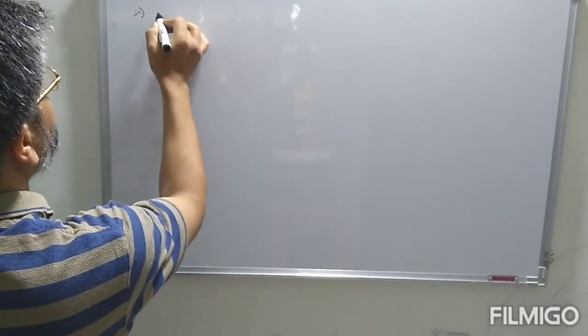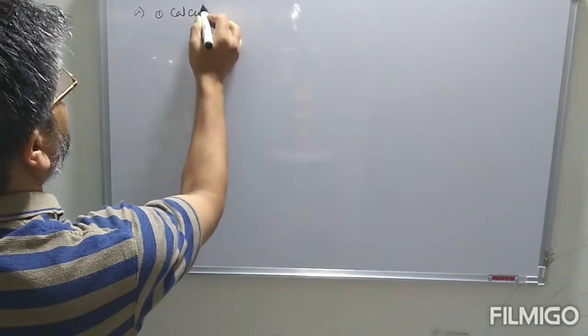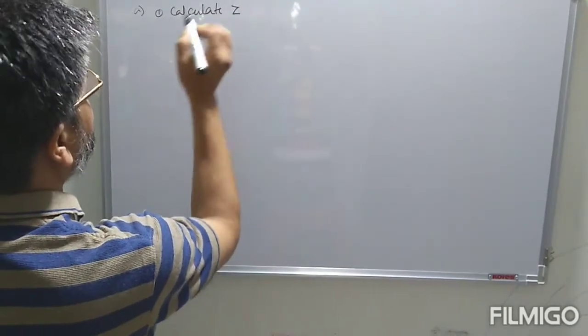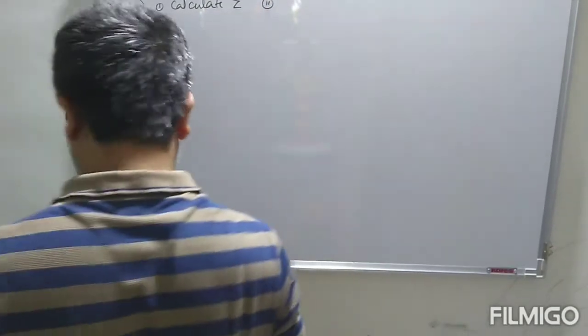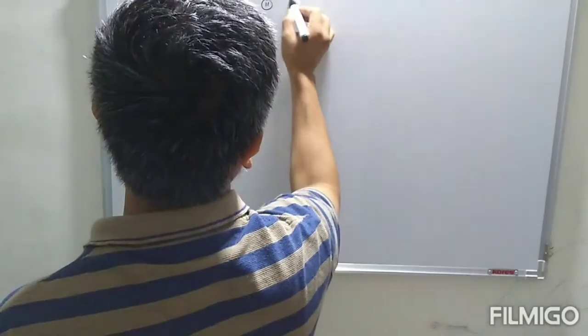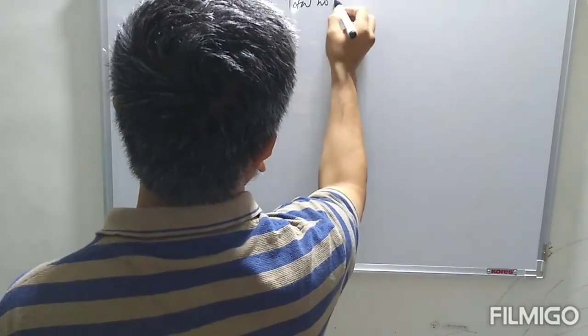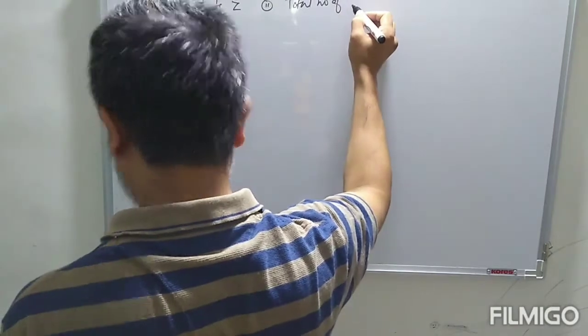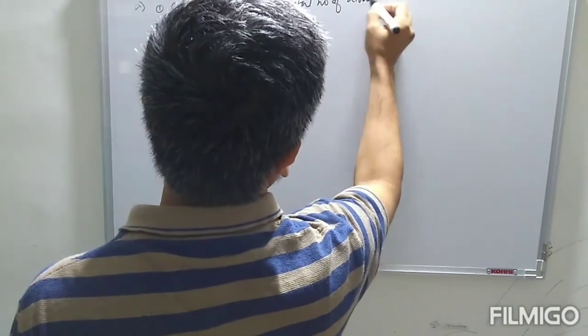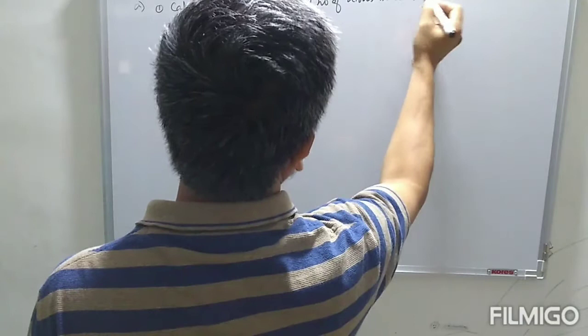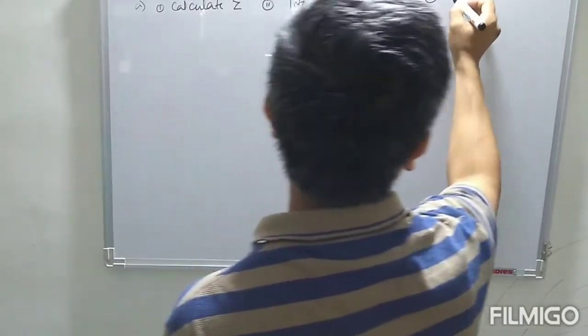So first calculate the rank, second the total number of atoms in the cube, third the formula.